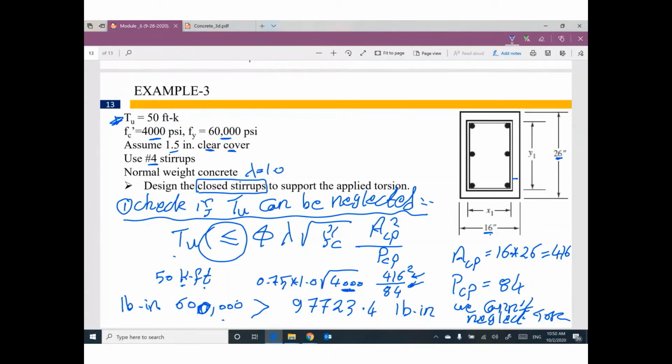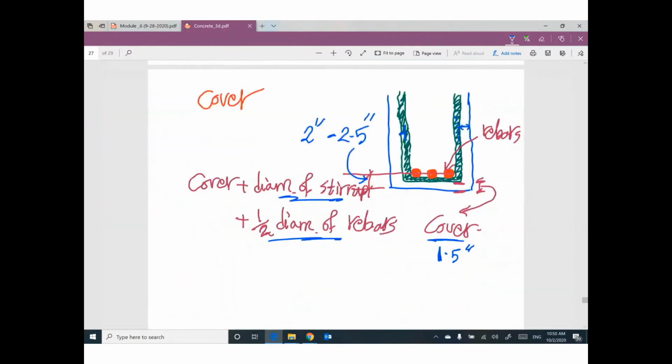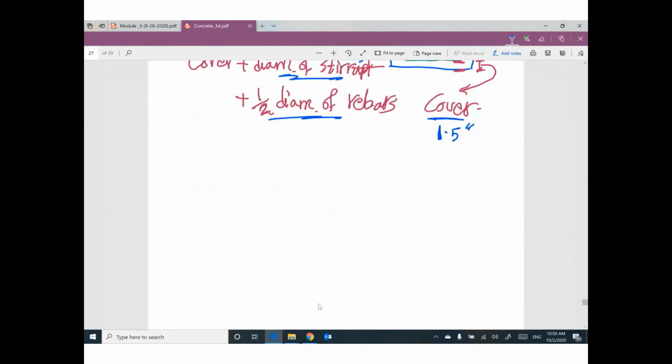I need to increase the cross section. So second step, we need to check the concrete cross section.